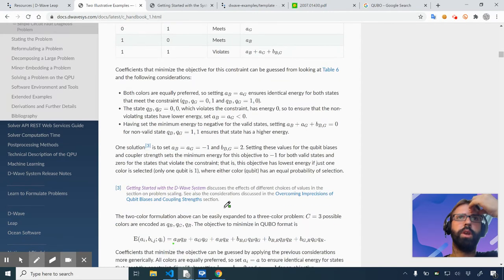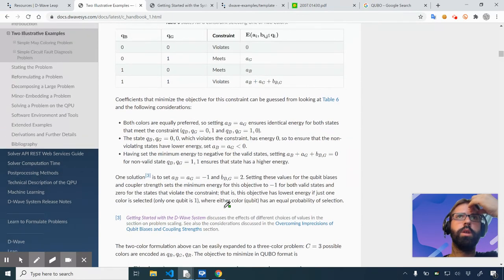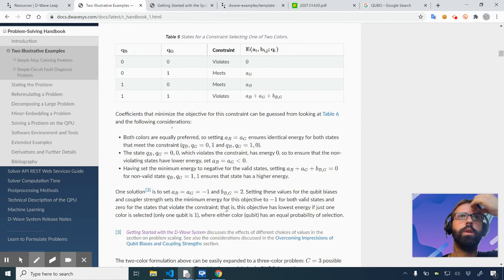But why does this constraint work? So both colors are equally preferred. Setting AB equals AG ensures identical energy for both states that meet the constraint: QB, QG equals 0, 1 and QB, QG equals 1, 0. The state QB, QG 0, 0, which violates the constraint, has energy 0. So to ensure that the non-violating states have lower energy, set AB equals AG, which is then below 0.